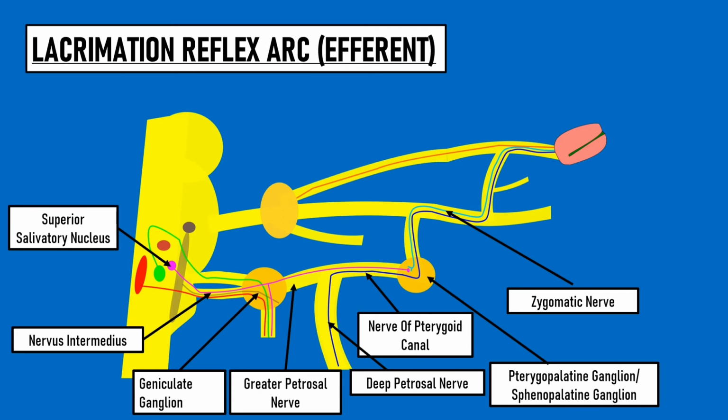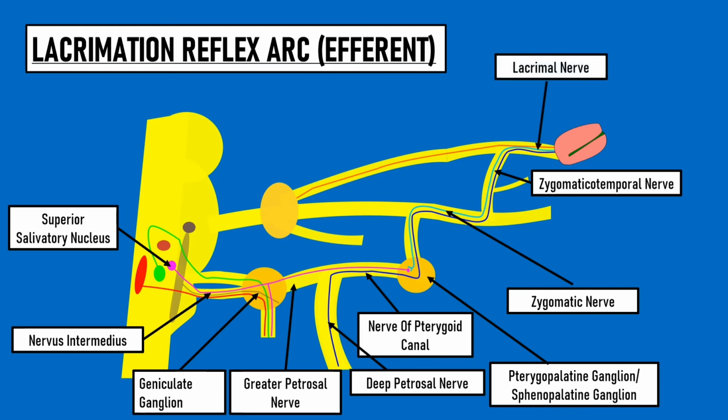From the zygomatic branch of the maxillary nerve, they enter the zygomaticotemporal branch of the zygomatic nerve, and from the zygomaticotemporal branch, they reach the lacrimal nerve, which finally innervates the lacrimal gland, and tears are secreted by the gland.